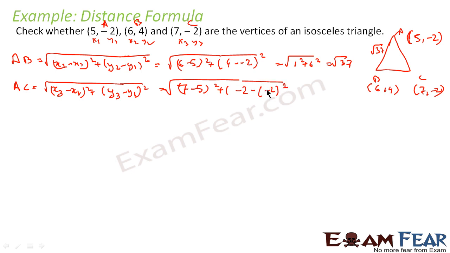Correct? So this becomes 7 minus 5, that is 2 squared, plus 0 squared, and that is 2. So AC is 2.